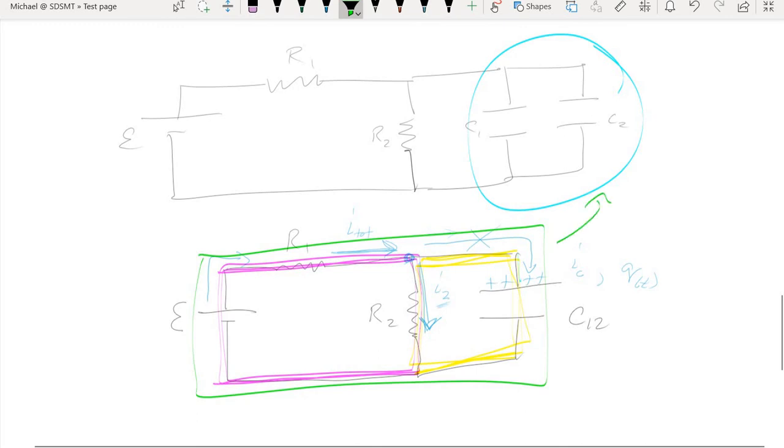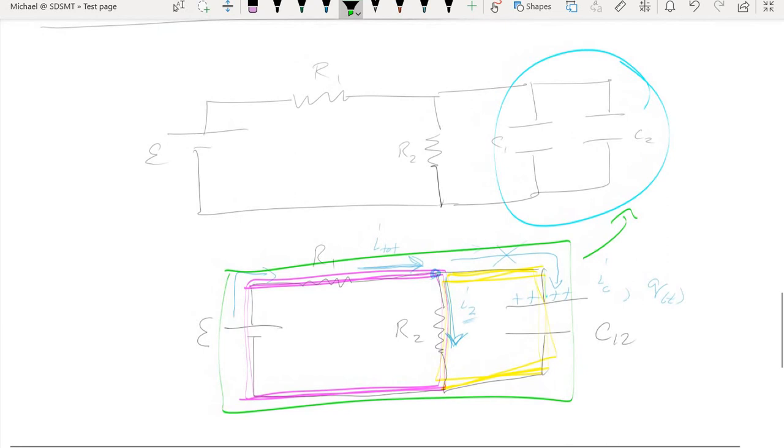You can split that equivalent capacitor back up into capacitors 1 and 2 and you can find the potential difference and charge values for each of those capacitors using the information that we know about equivalent capacitance. So all of this stuff just kind of came together all at once.